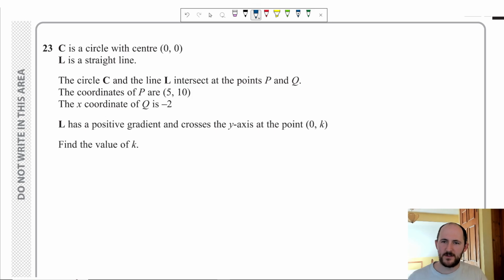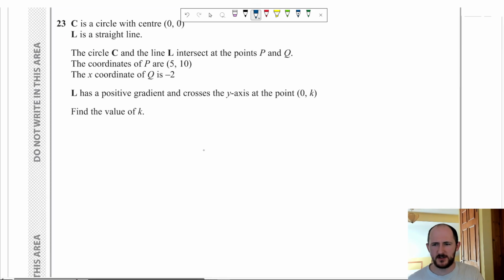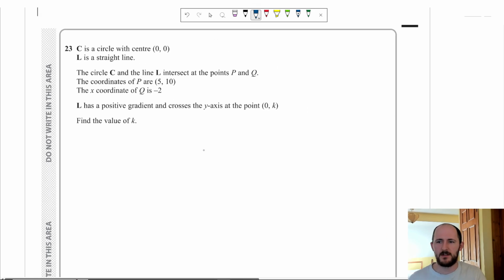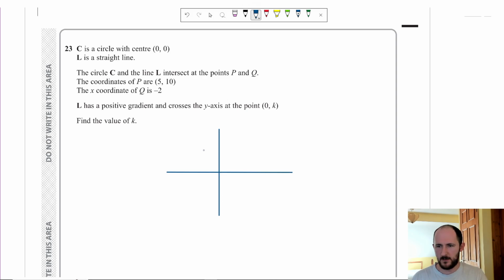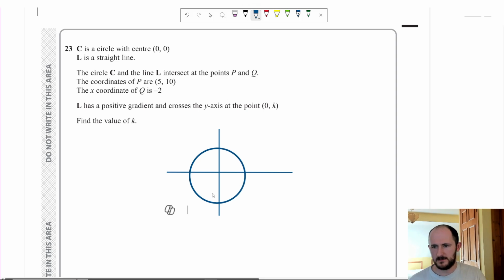And here we are at the final boss, the final question, which is of course a line and a circle, because why wouldn't it be circle geometry, right? It's always circle geometry. Everything's circle geometry. So I always find it useful to draw out a little diagram for this. We have a circle that is centered on the origin. You know what? It's close enough, right?